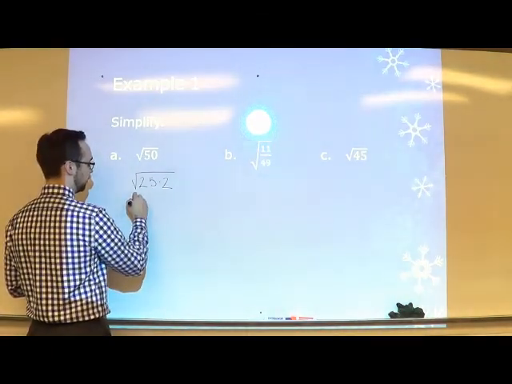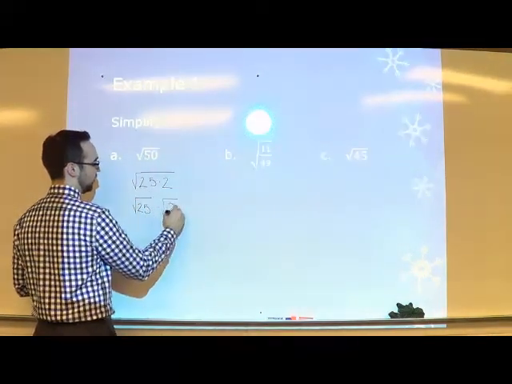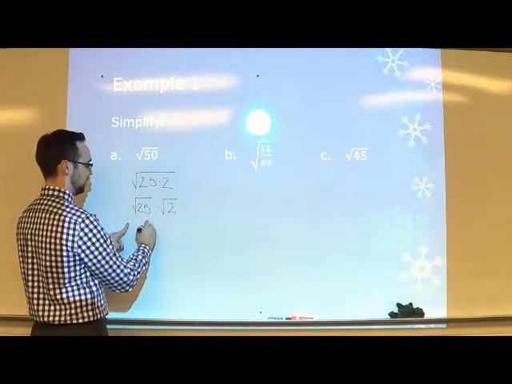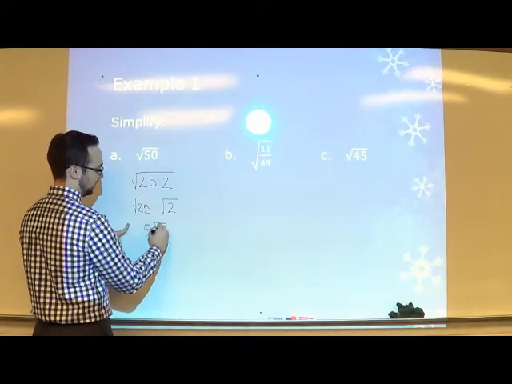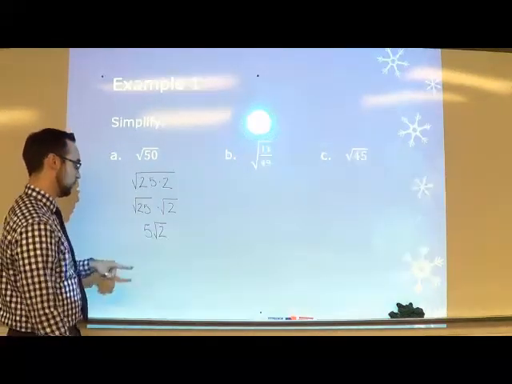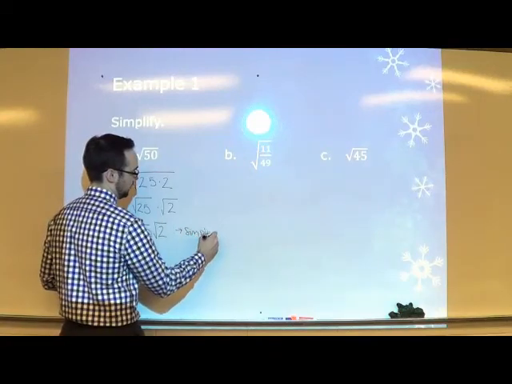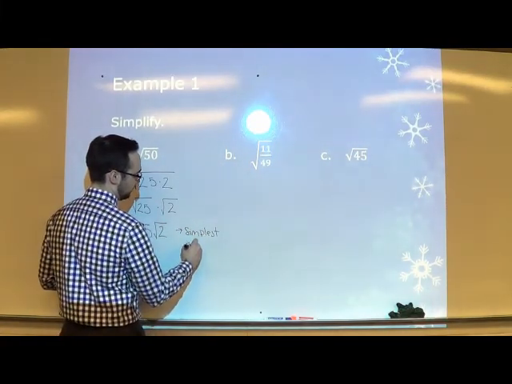So using my properties, it's the square root of 25 times the square root of 2. Well, the square root of 25 is 5, and then I have to leave the square root of 2. Do not give me the decimal format of that. Leave it in this format. This format is what we call simplest radical form.